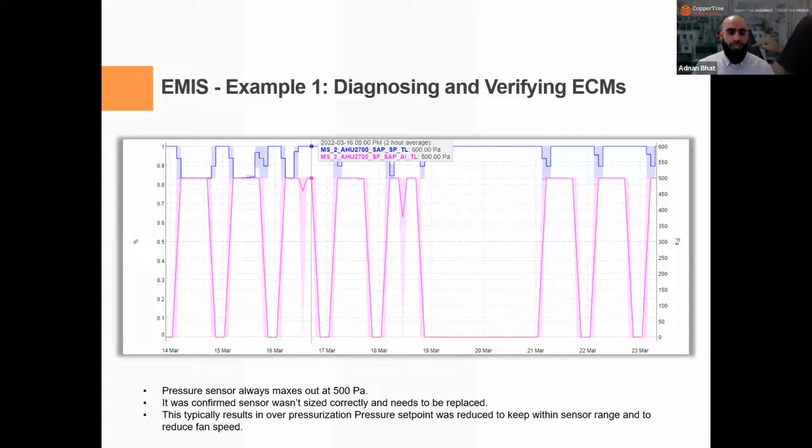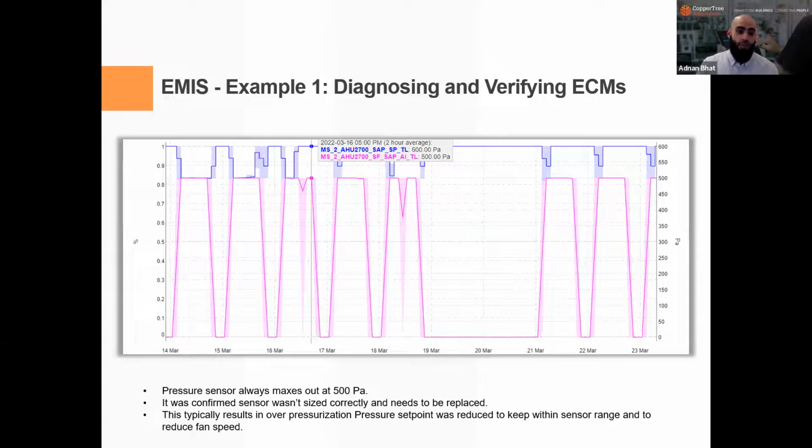Now, this indicated that either the sensor wasn't sized correctly or the internal program table wasn't set up correctly. Discussing this finding with the facilities team and the controls contractor, it was confirmed that the sensor that was installed maxes out at 500 pascals. This would typically result in overpressurization, as there is no way to measure over the limit of the range of the sensor, which is in this case 500 pascals.